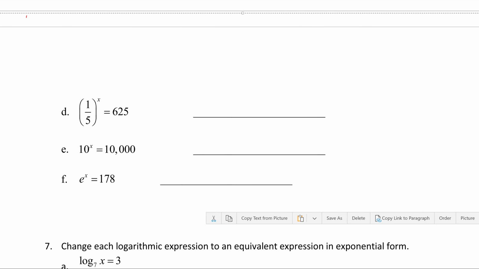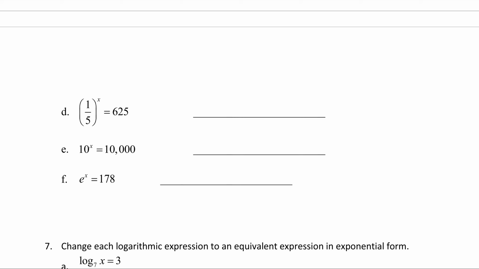Well, now we have 1/5 to the power of x equals 625. So again, log base 1/5. Now this is where it gets a little complicated. Make sure that it looks like a base of 1/5. You can write it as 1 over 5, or with a slanted slash, as long as everything is in the right spot.